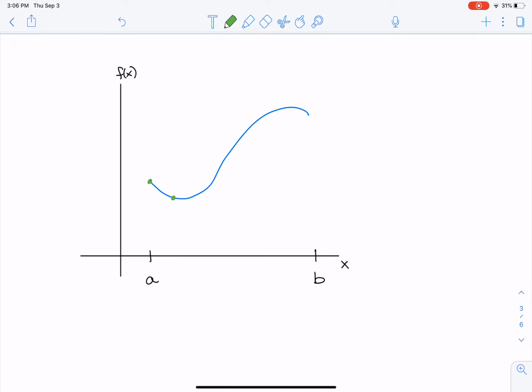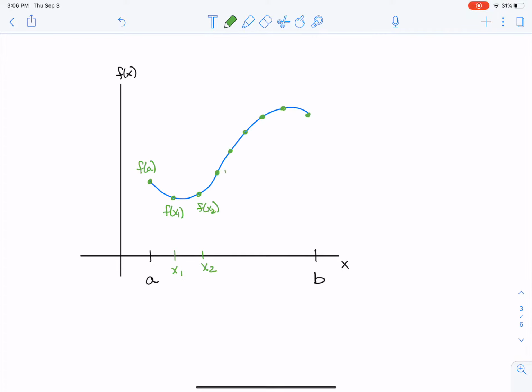So maybe I can take a bunch of points that are equally spaced along the function, and I can label them. Maybe I'll label them f of a. Maybe this one will be f of x1, f of x2. So this is x1, x2.